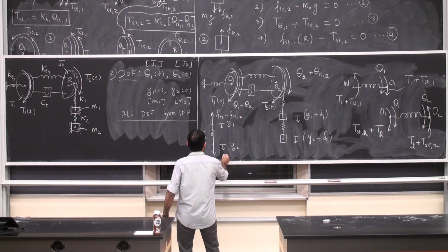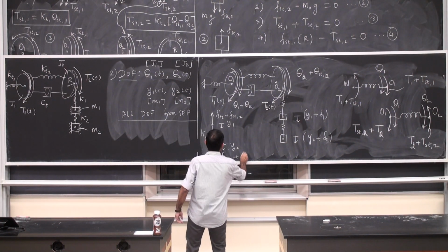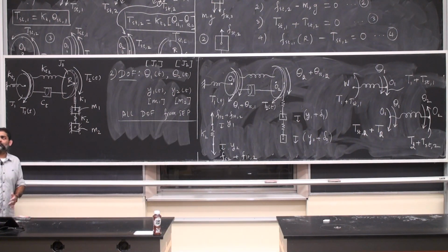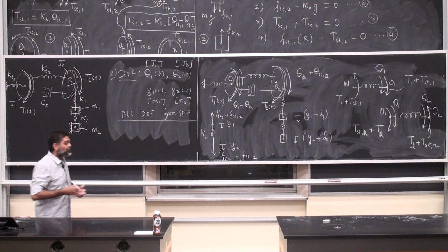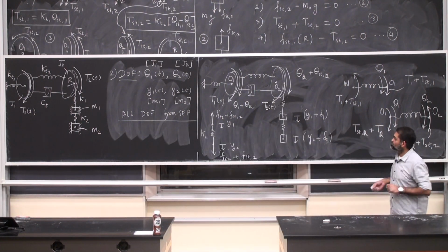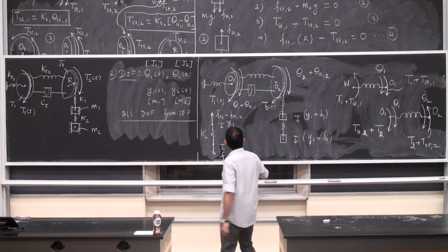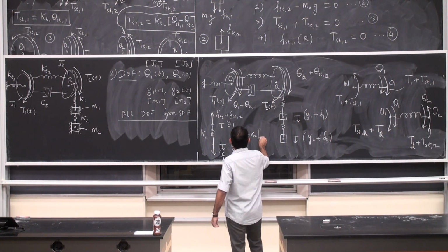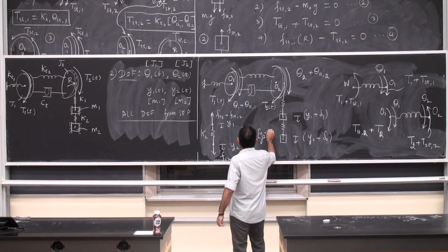Likewise, Fs2, F static 2. This equation remains similar to what you had in SCP, except that now you're going to have y2 minus y1 instead of delta 2 minus delta 1 for Fs2. So Fs2, if I can write it here, K2 times (y2 minus y1).